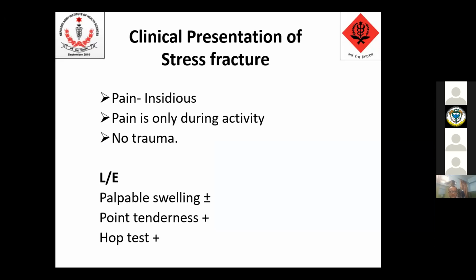On local examination, palpable swelling may be present, point tenderness is usually present, and the hop test is positive. In the hop test, the patient is asked to jump on the affected leg, which causes pain in the leg.